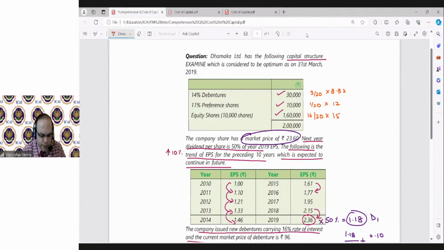So who will tell me what is the WACC, guys? What is the total of this? 3 by 20 into 8.33. We're talking about, are we all getting 13.85%? Are we all getting 13.85% here? Everyone doing good?